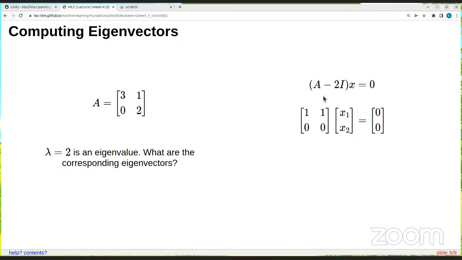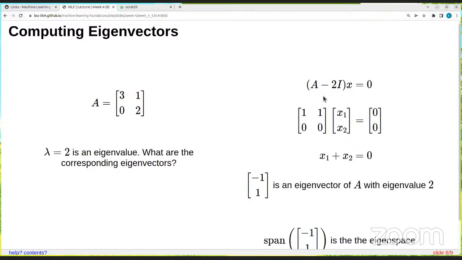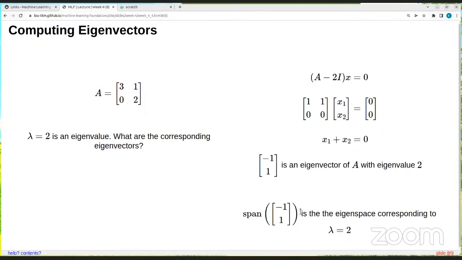You end up with an equation like this. The eigenvector could be -1, 1 or 1, -1 and variations of it. So -1, 1 is one such vector, and if you want all such vectors, you can just take the span of -1, 1. Every non-zero vector in this span will be an eigenvector with eigenvalue lambda equal to 2.